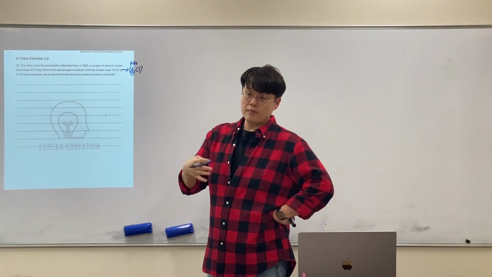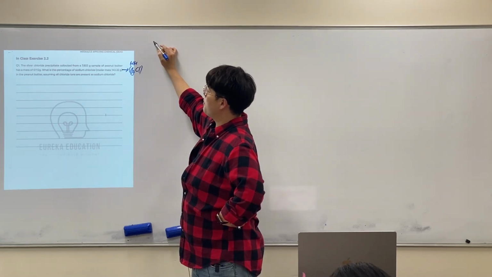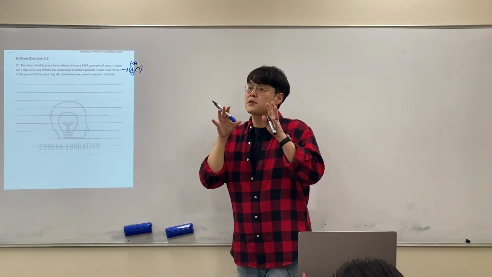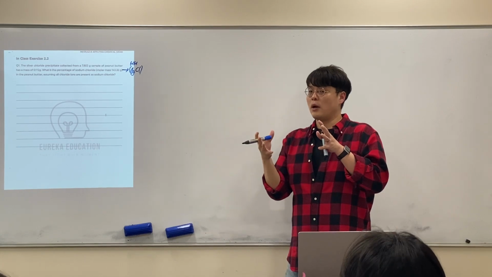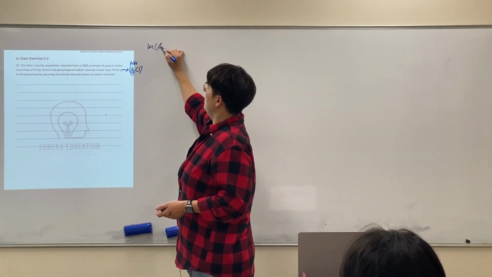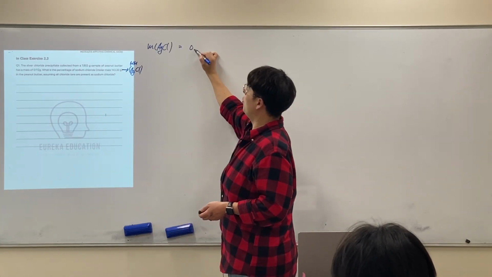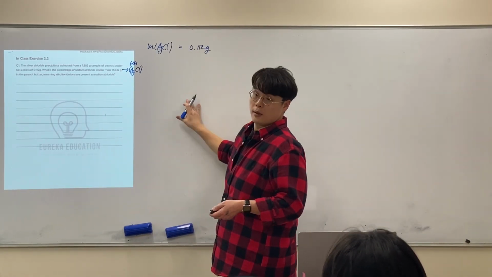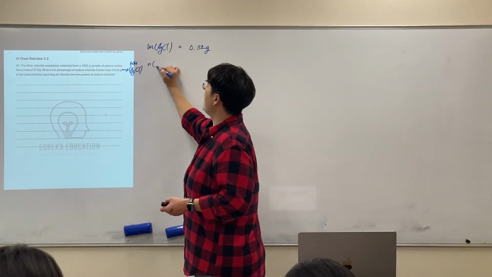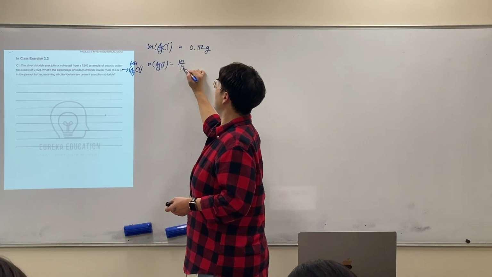So what do we do? We start from the mass. You make the silver chloride by adding some silver. You're given that the mass of the silver chloride precipitate is 0.112 gram. From here we can find the n of silver chloride by n equals m over molar mass.